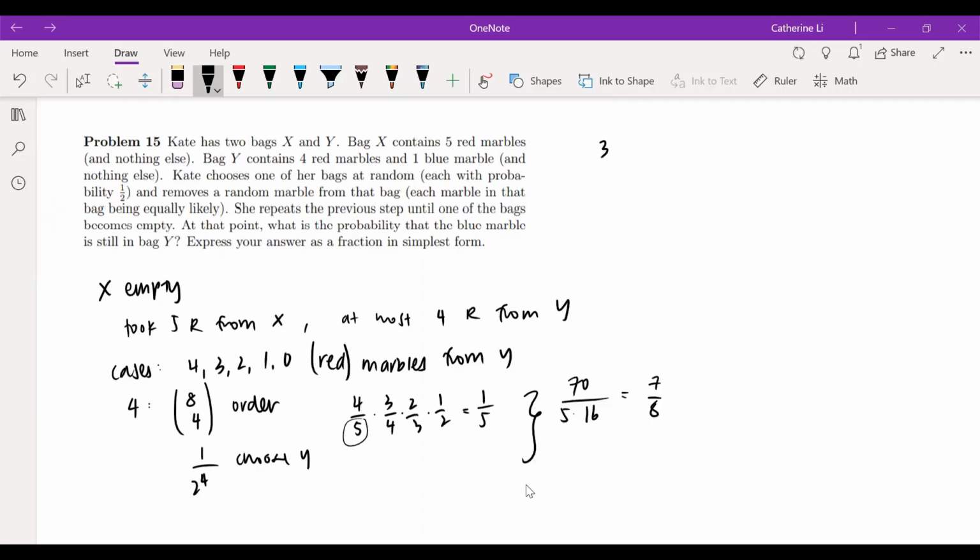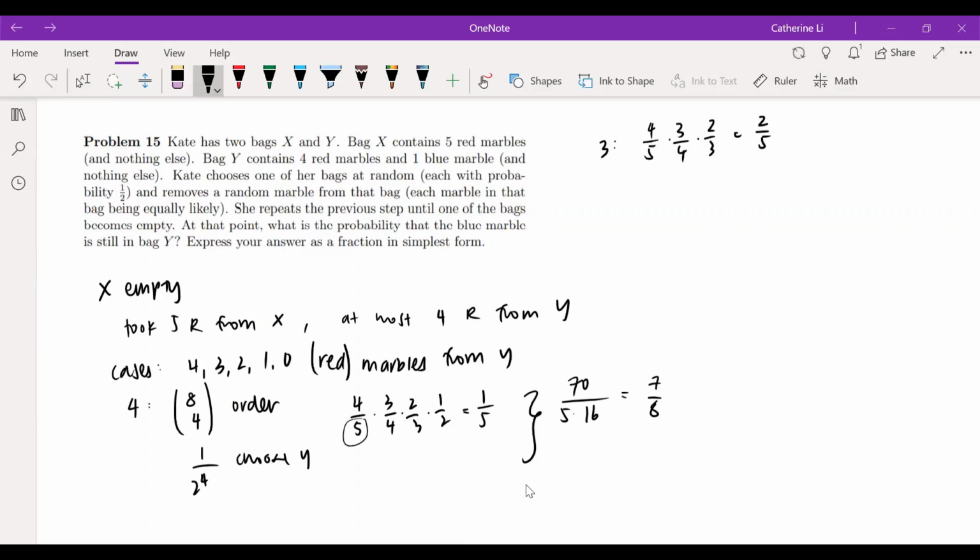If we have 3 marbles chosen from Y, this is the same thing. So we need to choose 4/5 times 3/4 times 2/3, which gives us 2/5 probability that we get all these red marbles.